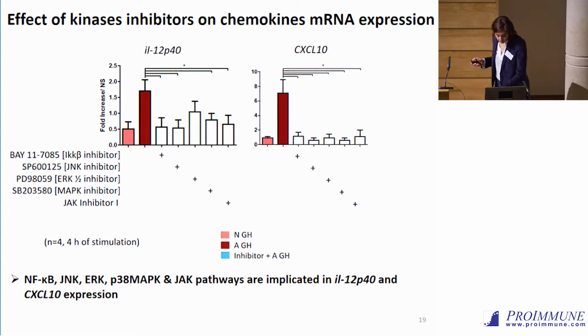We also used specific inhibitors of these pathways, and we show that IL-12 p40 and CXCL10 mRNA expression is also under the control of these MAP kinases and also NF-kappa-B.